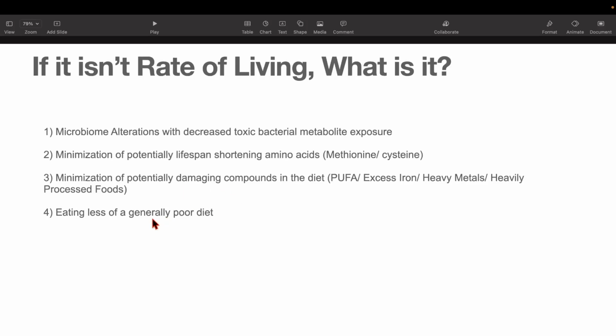And again, last piece here is eating less of a generally poor diet. So if you take animals and you feed one group a really crappy diet, and you feed another group less of that crappy diet, and then allow them to get adequate vitamins and minerals, which they did in the study, it's probably likely that the mice eating less of a generally crappy diet will do better. Now, this is something that we're going to see in the next study that I go over with the rhesus monkeys.